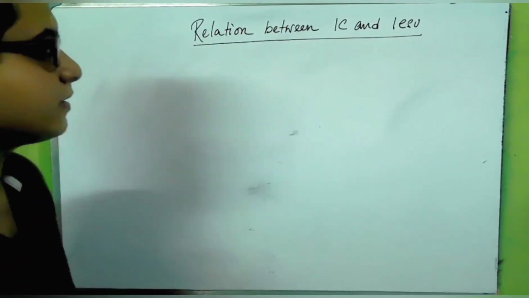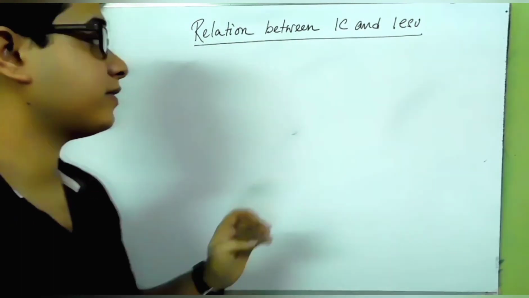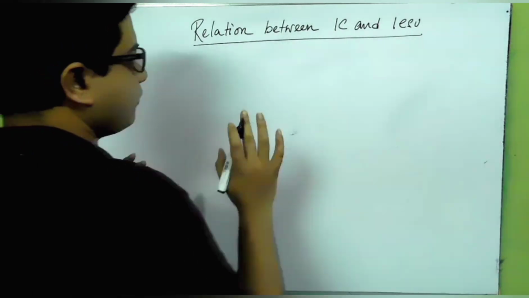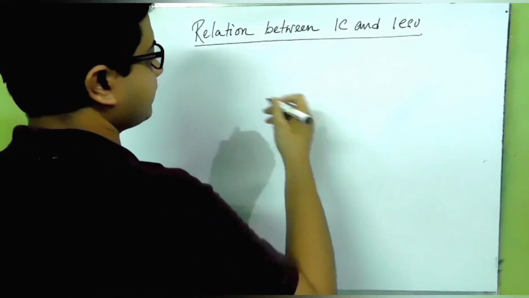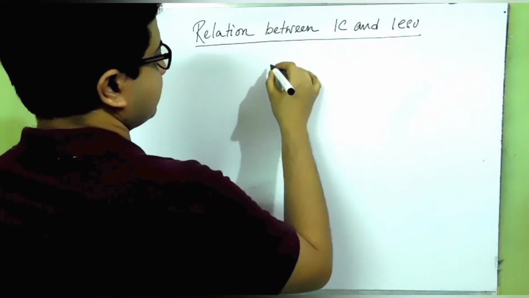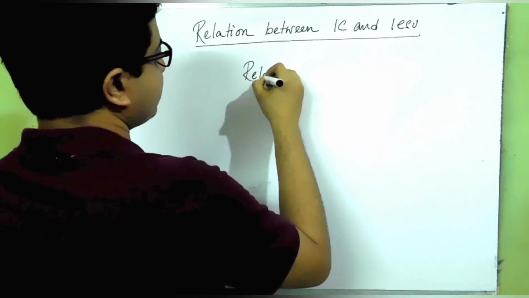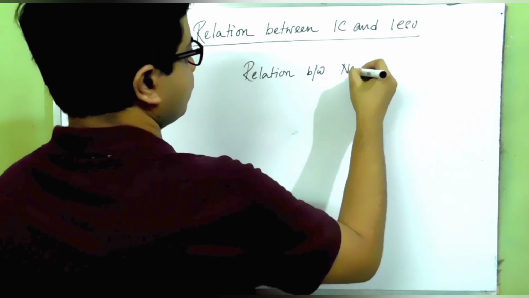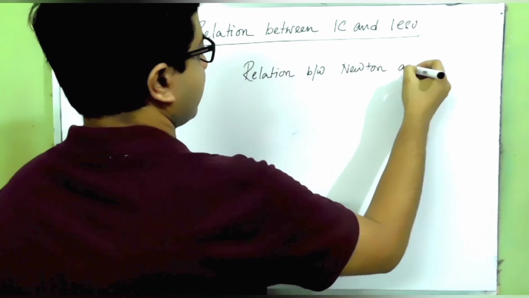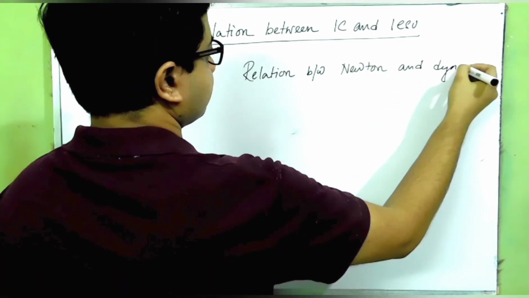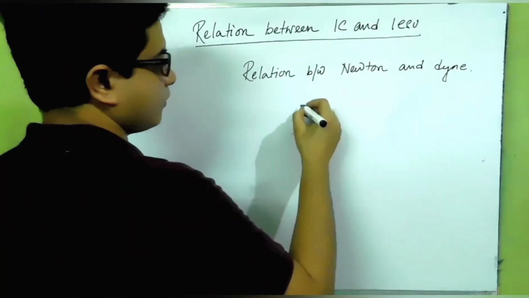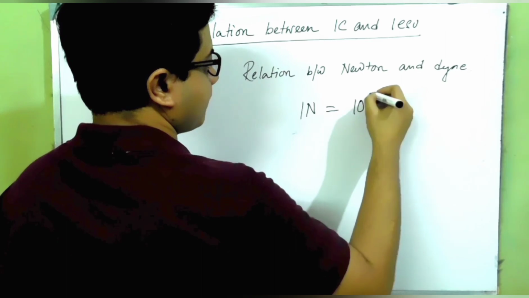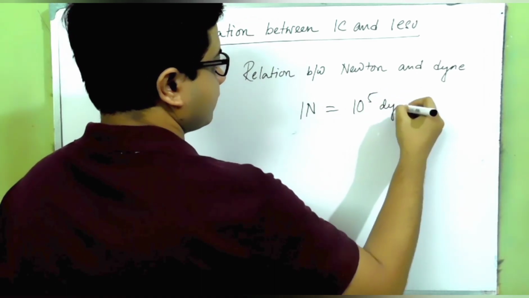By knowing the definitions, the derivation of this relation is going to be quite easy. The first thing we need to know before doing this derivation is the relation between Newton and dyne. The relation is: 1 Newton is equivalent to 10 to the power 5 dyne.